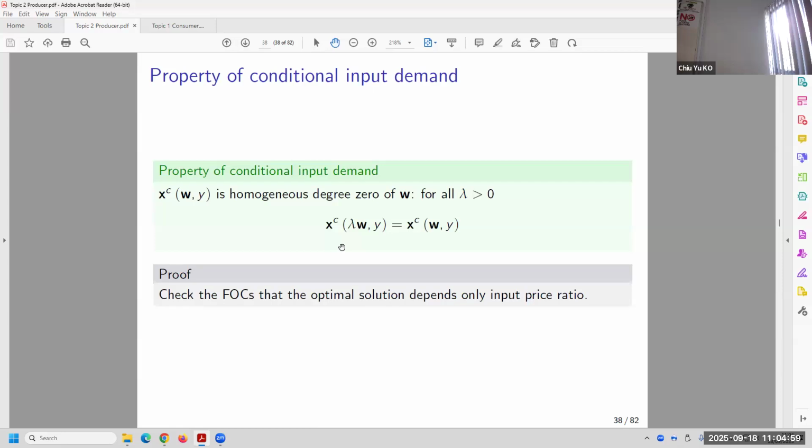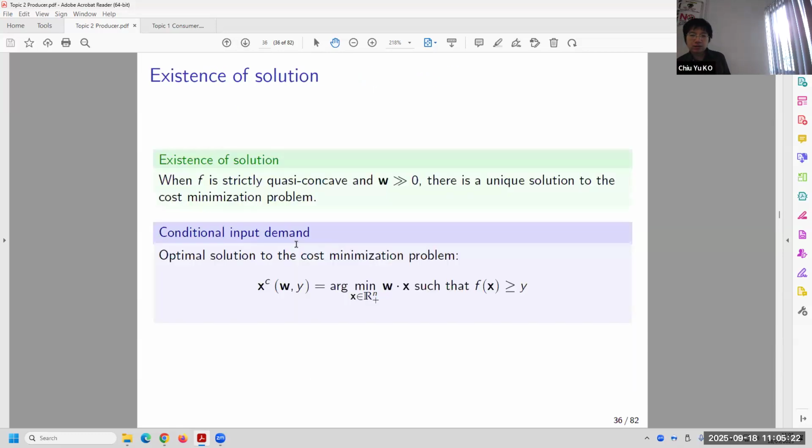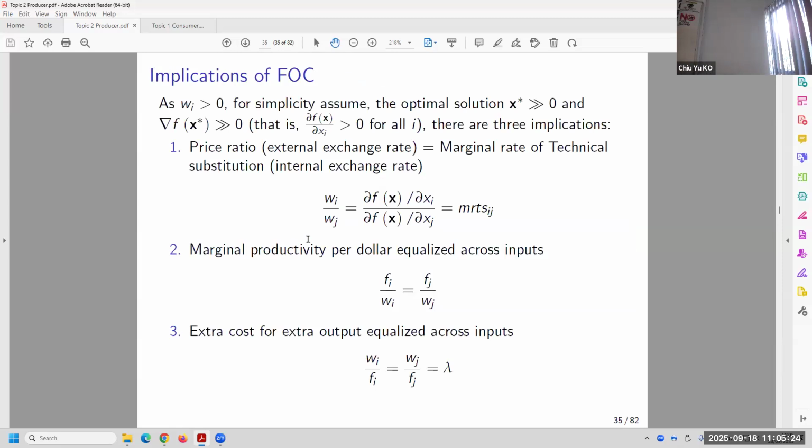There's nothing very deep here. If you double your input prices, then nothing changes at all, same as the Hicksian demand. The input price ratio doesn't change, so the FOC doesn't change at all, because the FOC, remember, is the input price ratio equal to the MRTS.